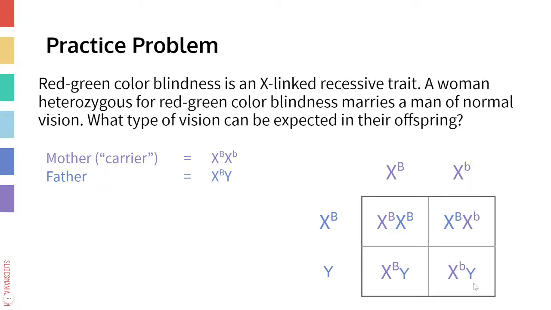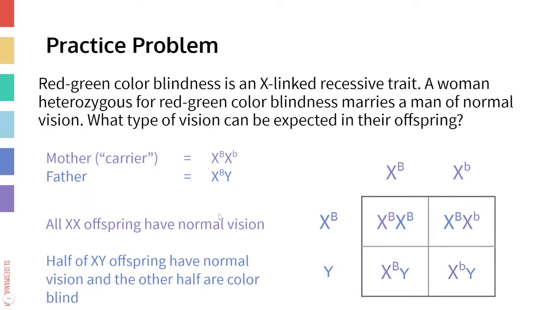So this is going to be somebody who's chromosomally male, but is going to be colorblind. So all of the XX offspring are going to have normal vision because they all have at least one copy of the dominant allele, but half of the XY offspring will have normal vision and the other half will be colorblind.